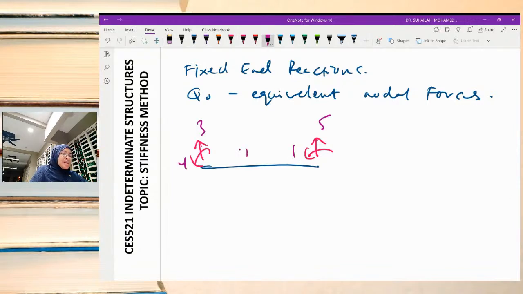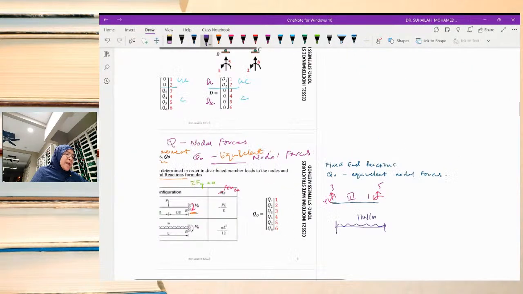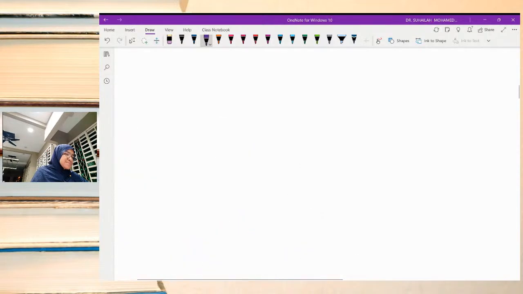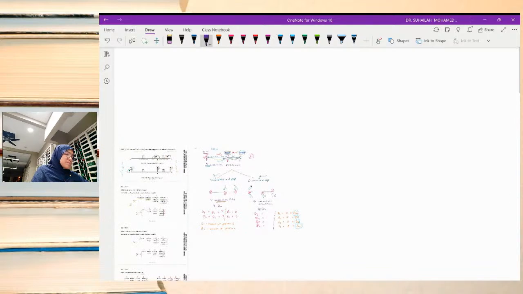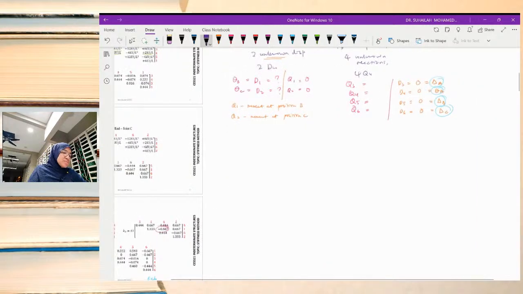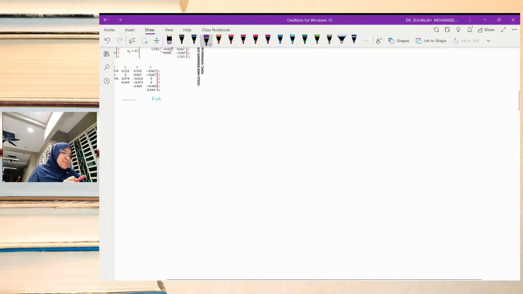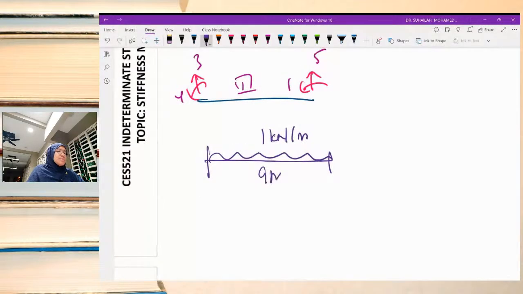This is element number one, and the beam is subjected to a UDL of 1 kilonewton per meter, and the length is 9 meters.